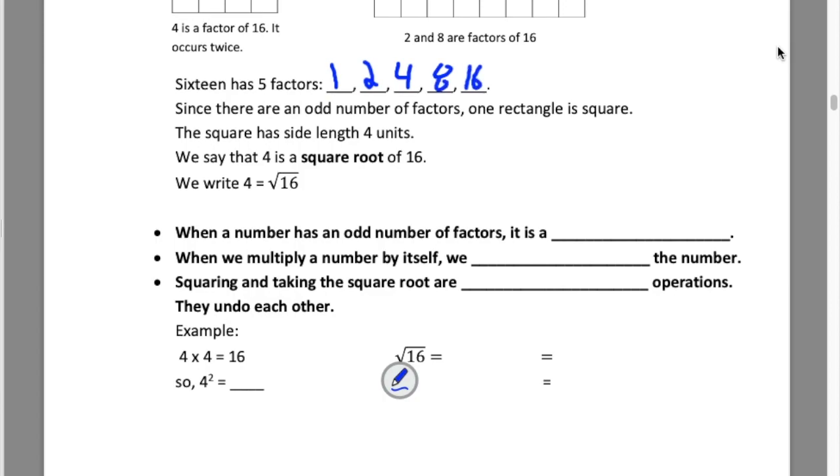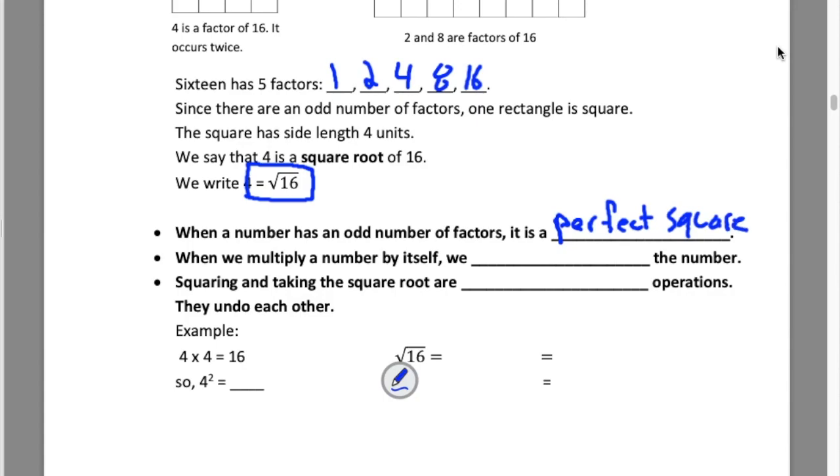Okay? Since they're an odd number of factors, one rectangle is a square, the square has side lengths of 4 units, we say 4 is the square root of 16. So we would write 4 is equal to the square root of 16, just like so. When a number has an odd number of factors, it is a perfect square. So it's a perfect square.